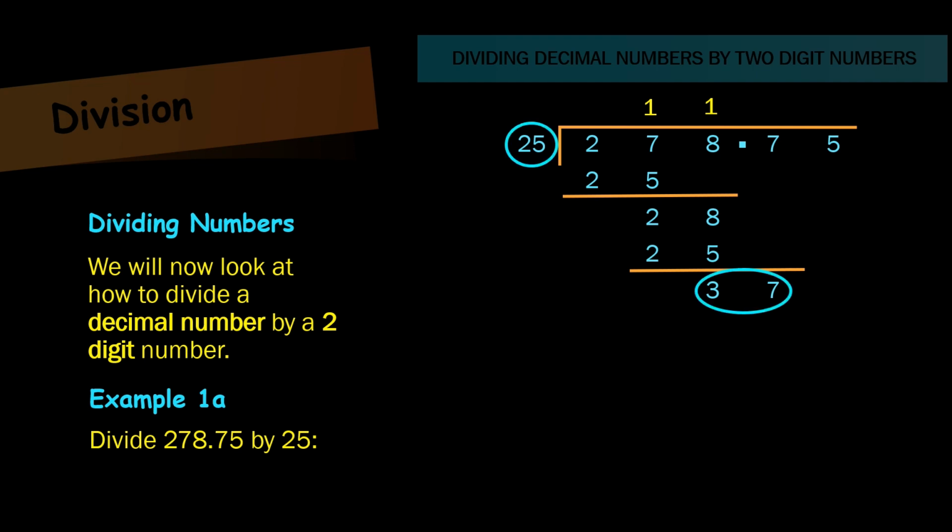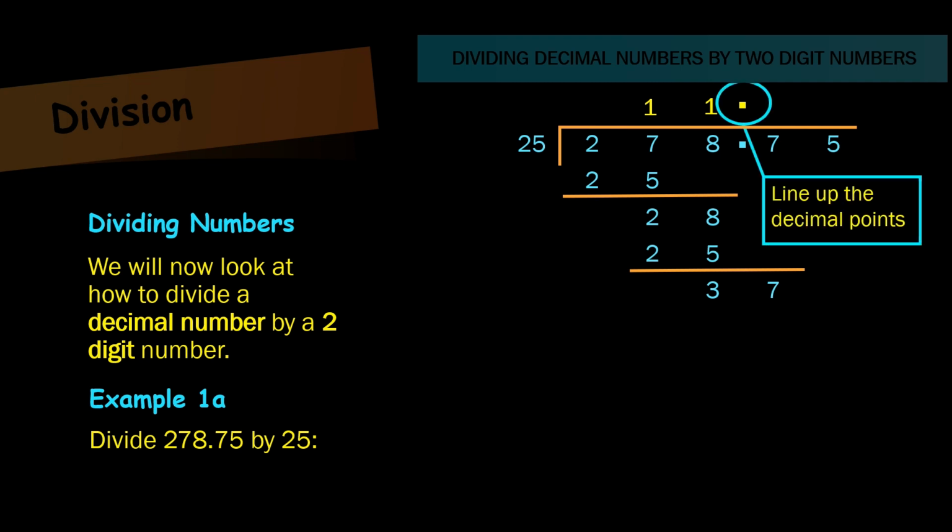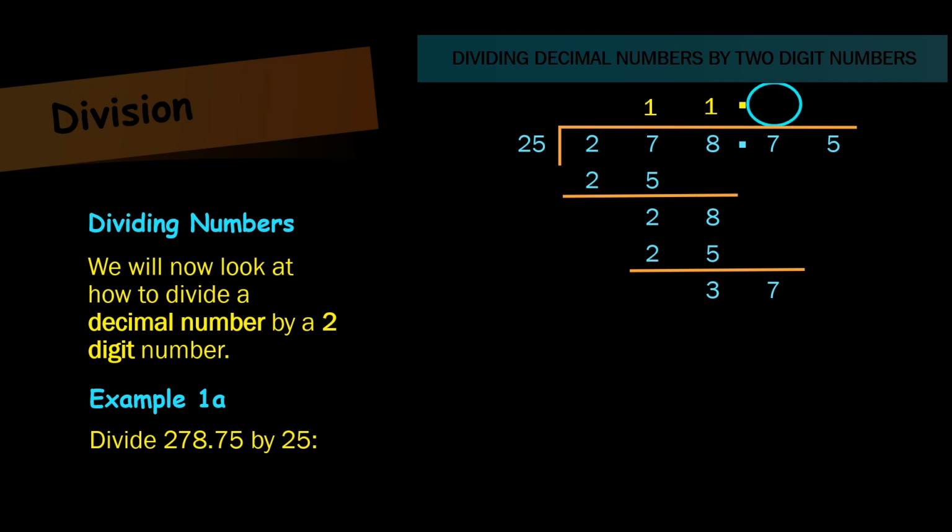How many 25s are in 37? There is one 25 in 37. Now line up the decimal point as shown. And position the 1 here.